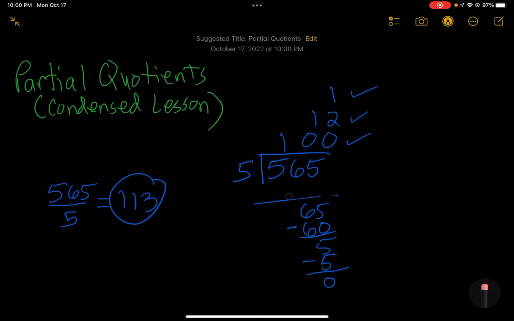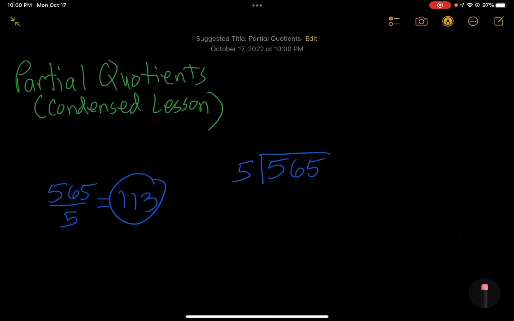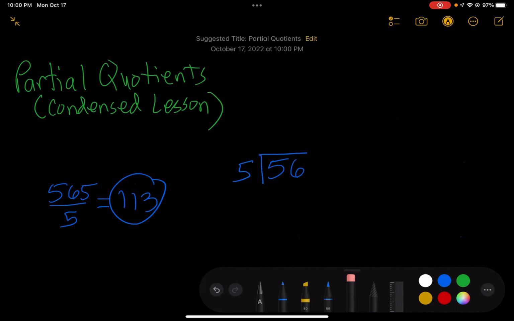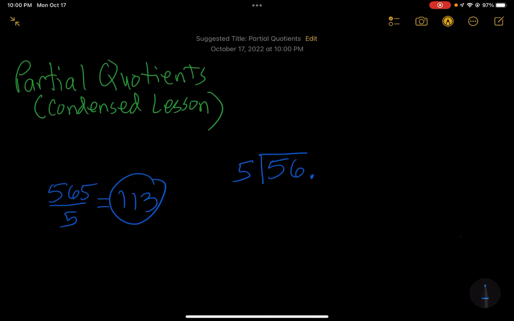I'll leave that one over to the left so that we remember what we had for 565 divided by 5. And I'll erase this. And let's do 56.5 instead.